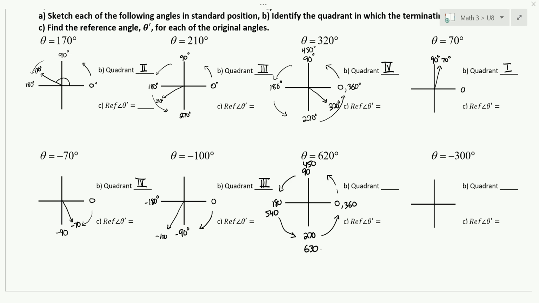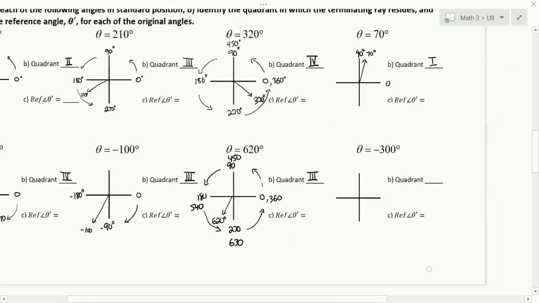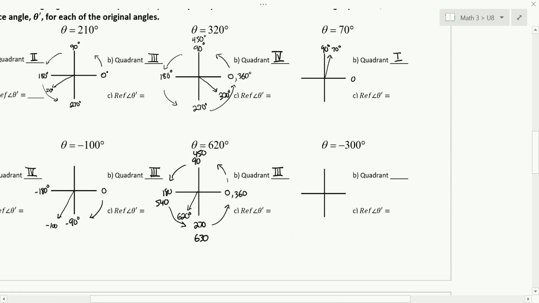Okay. So 620 is between 540 and 630, close to the 630. So it's going to be in quadrant 3. And then the last one, negative 300, where do you guys find that one?